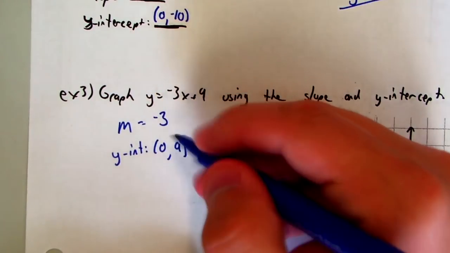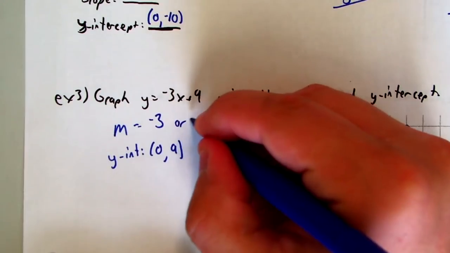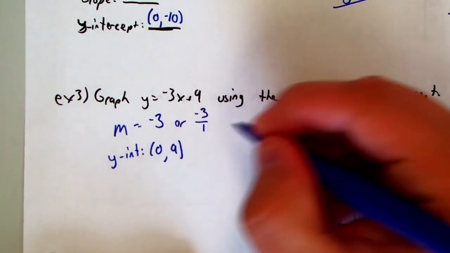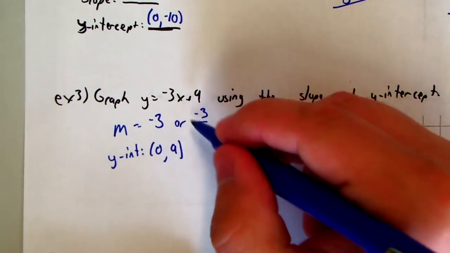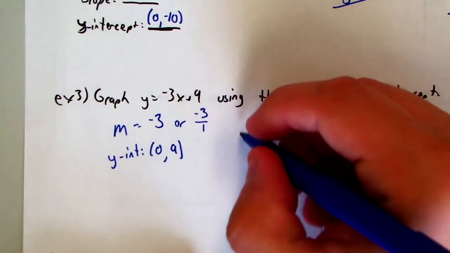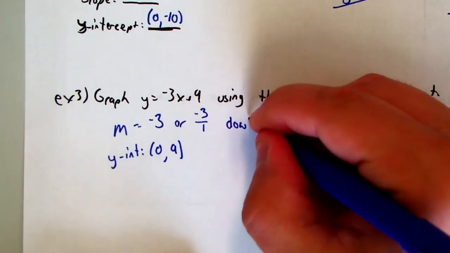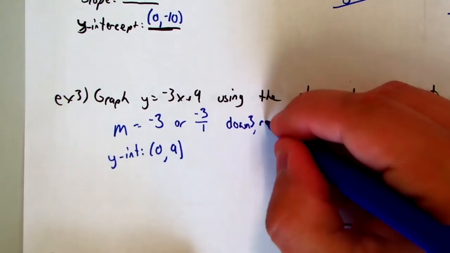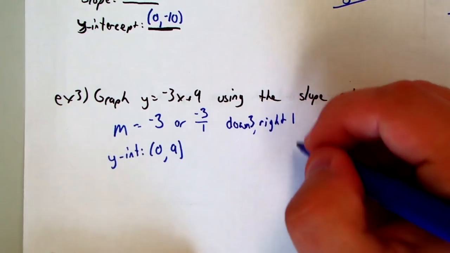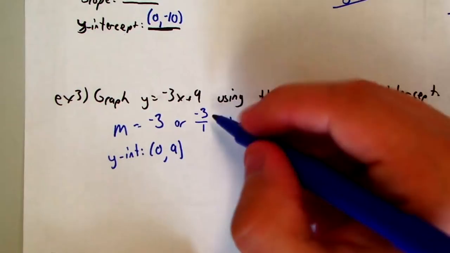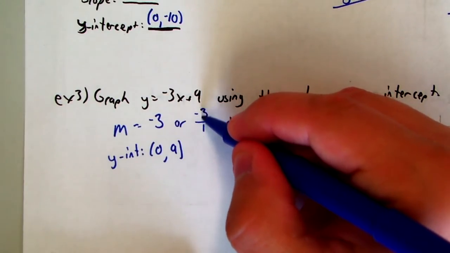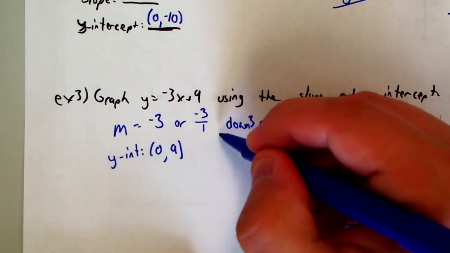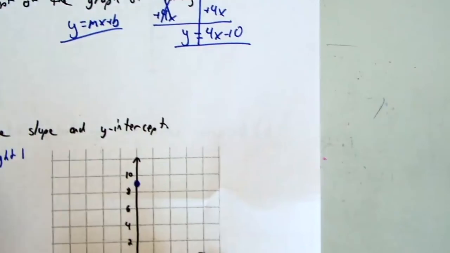Now the slope, it says it's minus 3. We can rewrite this as negative 3 over 1. This is going to be a little bit more helpful because this means we go down 3 to the right 1. So every single time we have an ordered pair, to get to the next one, we go down 3 spaces and to the right 1 space.